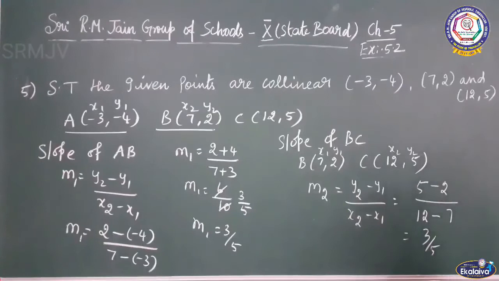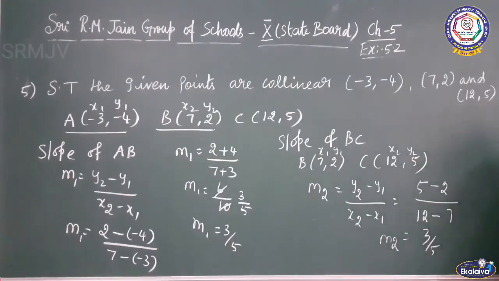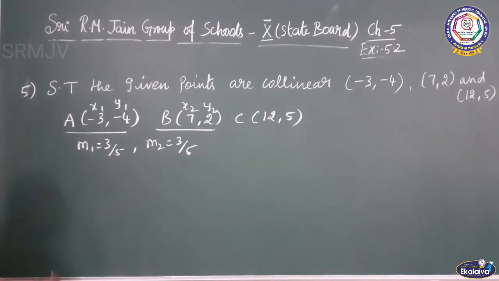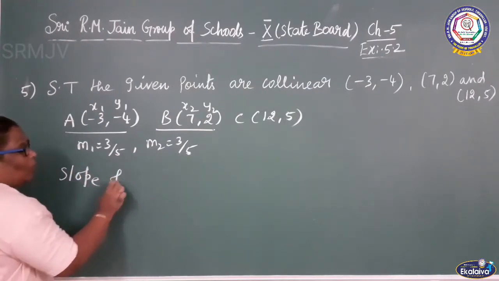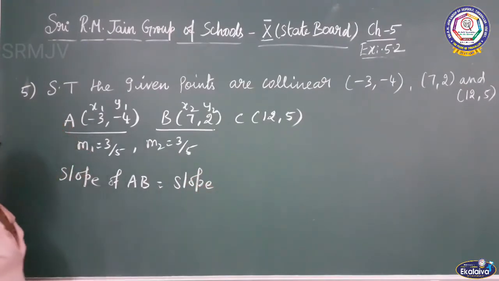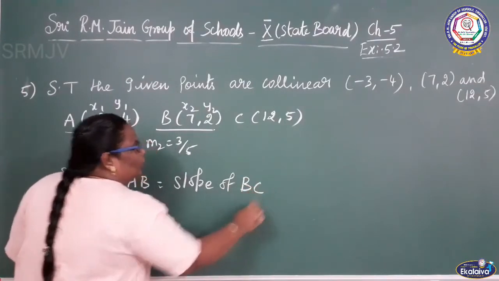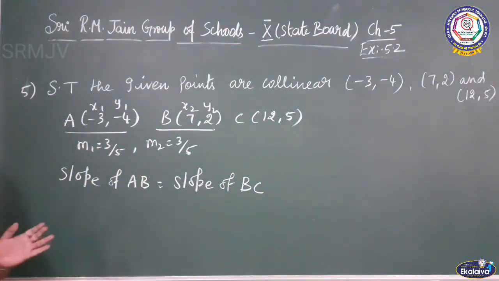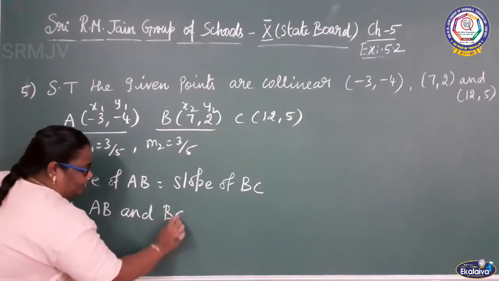So the answer is 3 by 5. M1 value and M2 value are equal. Because both the values are equal, slope of AB equals slope of BC. When the two slopes are equal, the lines are parallel.